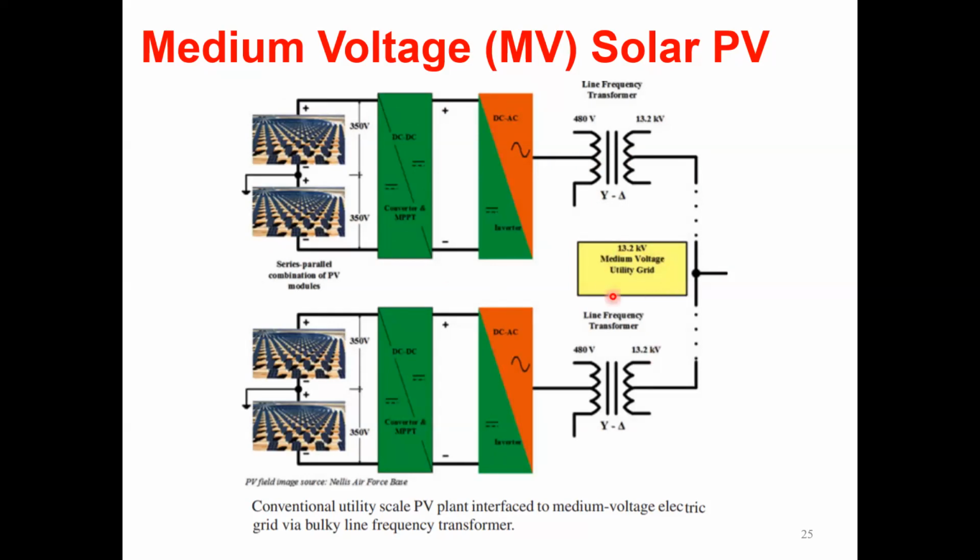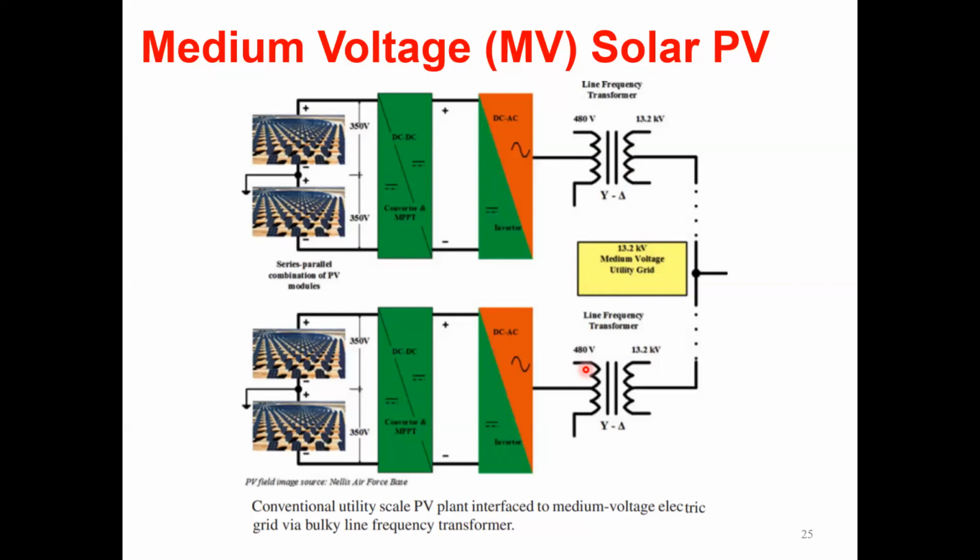So this is assuming a US electricity grid, 13.2, 13.8 kV. In India, it may be a little different. So basically, you have several of them, because each inverter available in the market is, I think now, about 2 megawatts or maybe slightly higher. So you definitely need more such systems connected together. So this is the more traditional approach.